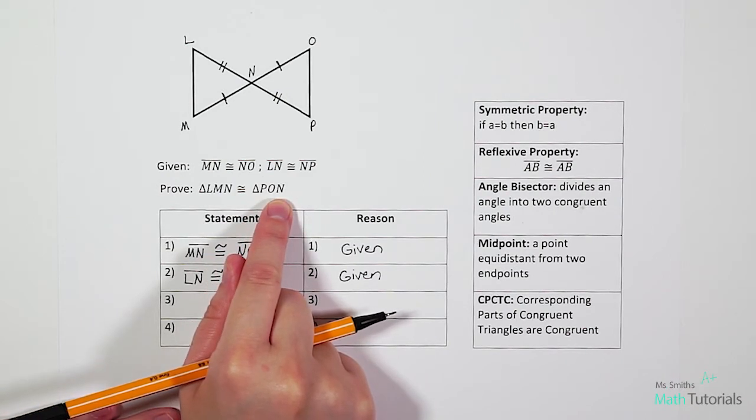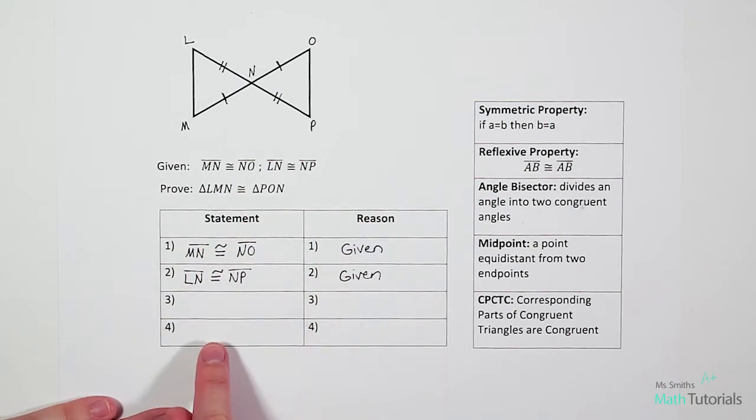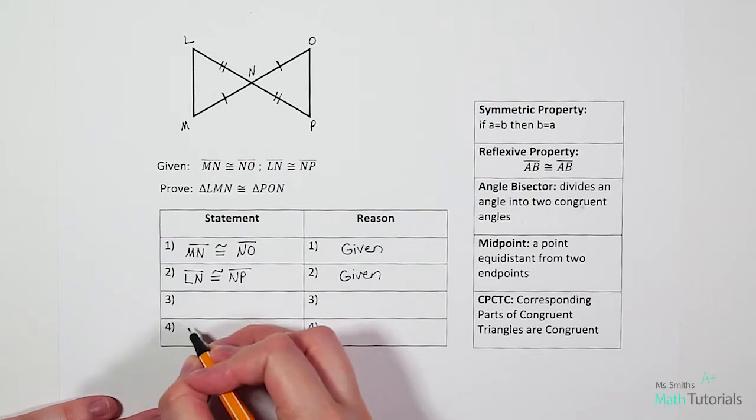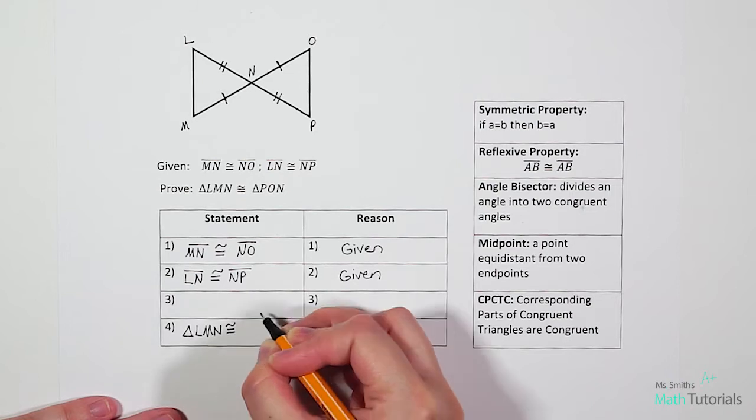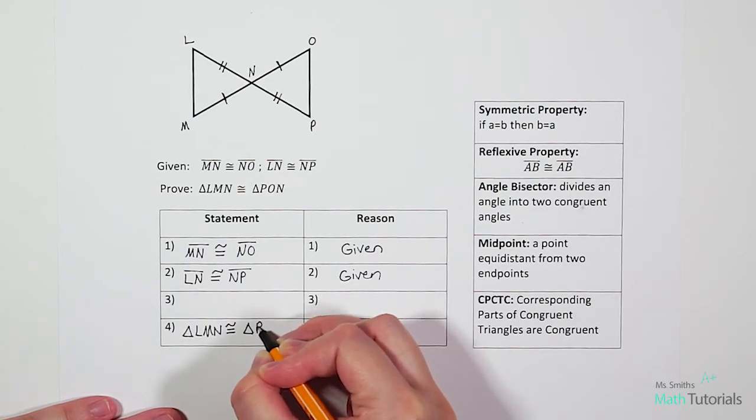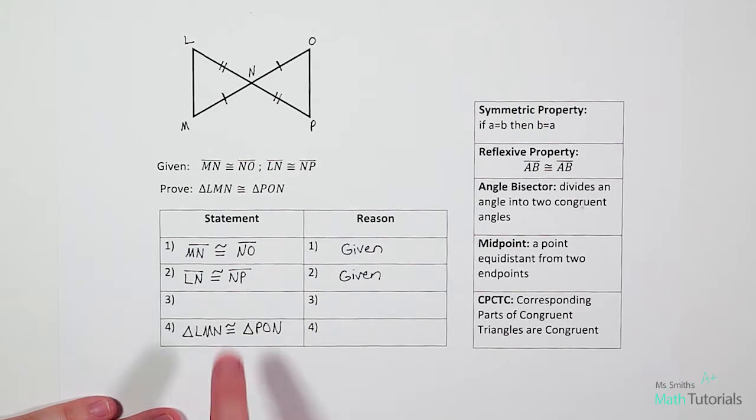So that's kind of like our end goal with this table, is to get to that point. By just filling in our givens and our proof statement, we've completed over half the table. We only have 3 spaces that we have to fill in.